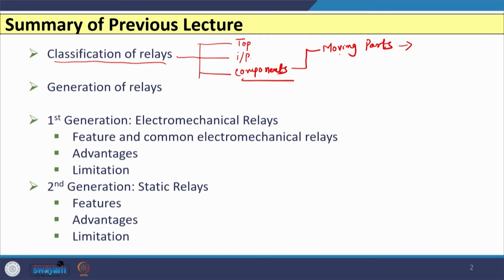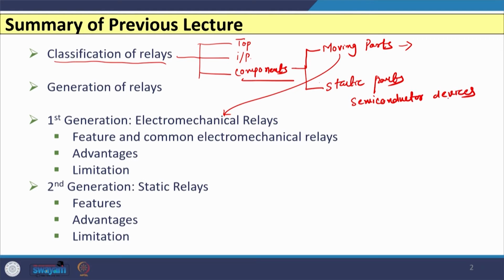A relay may also contain static parts, or semiconductor components or devices. This type of relay is known as a static relay. So, this we have discussed.